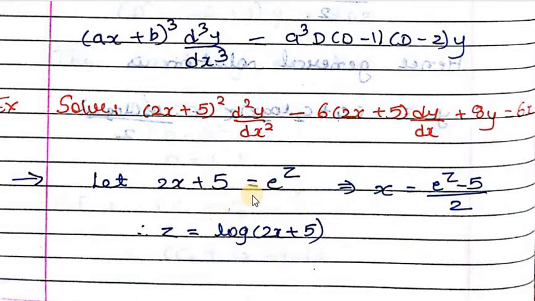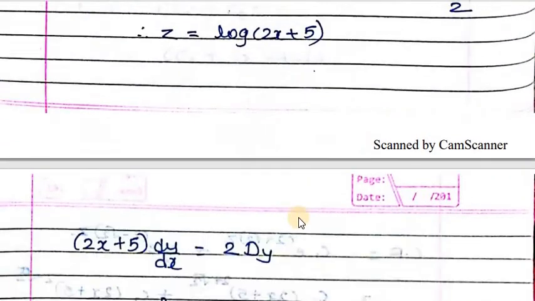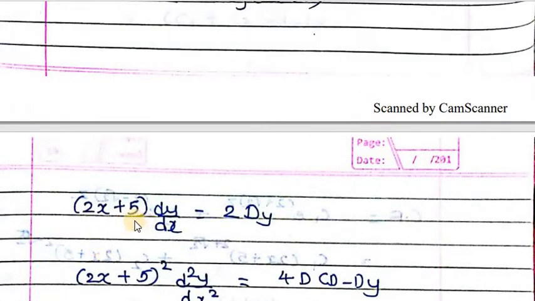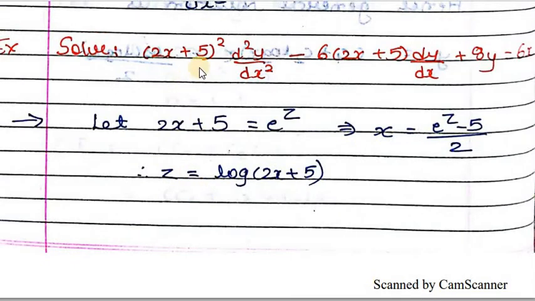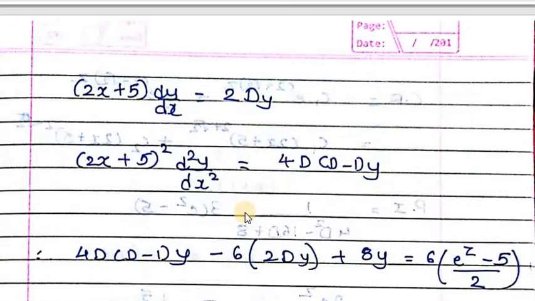Taking logarithm on both sides, we have z equals log of (2x+5). Now replace (2x+5) dy/dx by 2Dy, where capital D is d/dz, and replace (2x+5)^2 d^2y/dx^2 by 2 squared, that is 4 D(D-1)y, where capital D is d/dz.